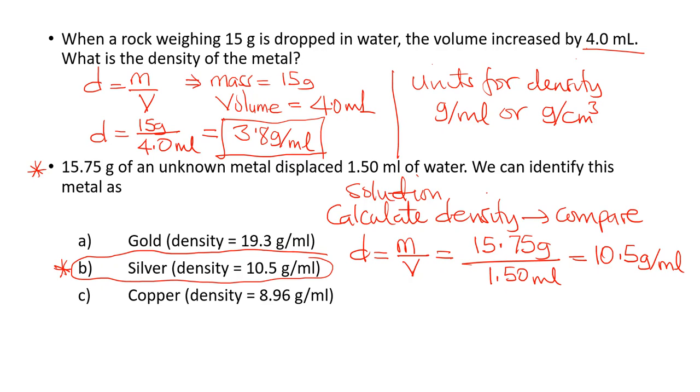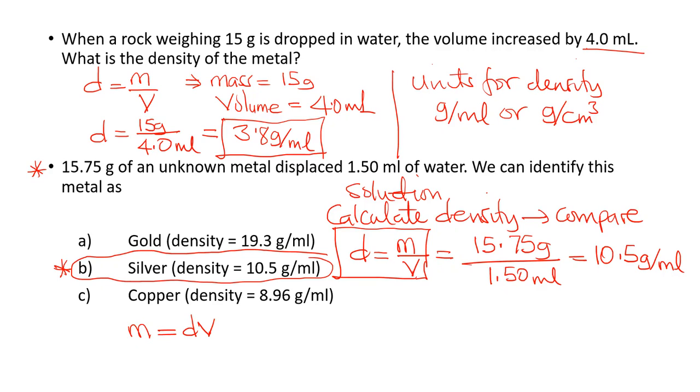What is important in terms of density is to be able to play around with the formula. It's an important formula because I can ask you to determine the mass. So mass is density times volume.